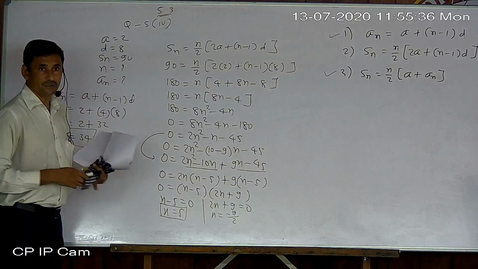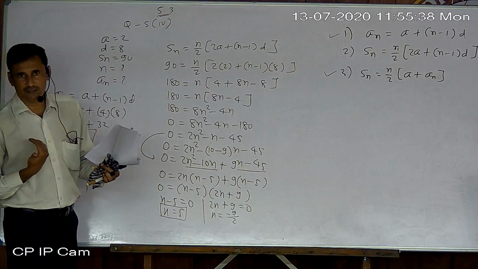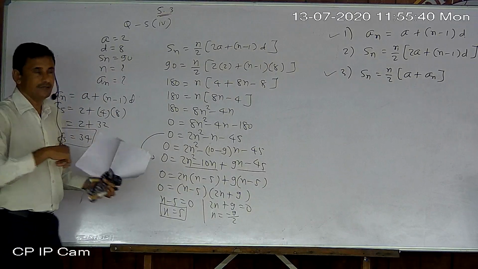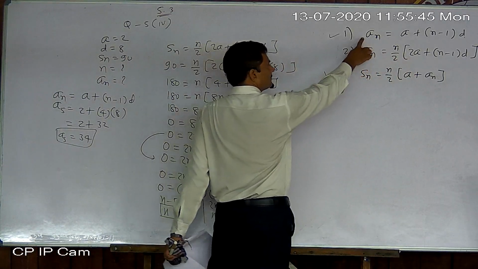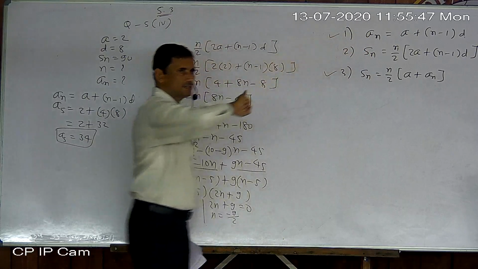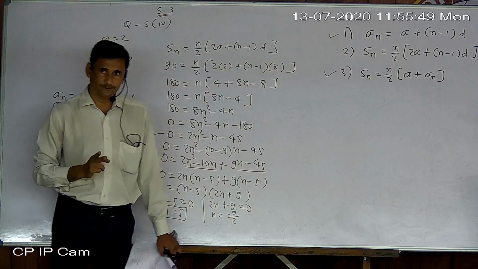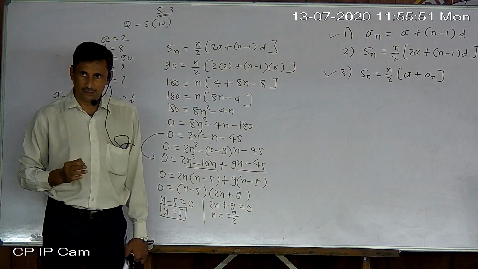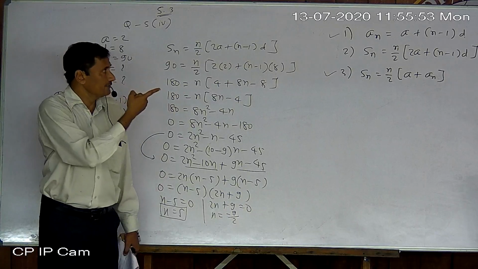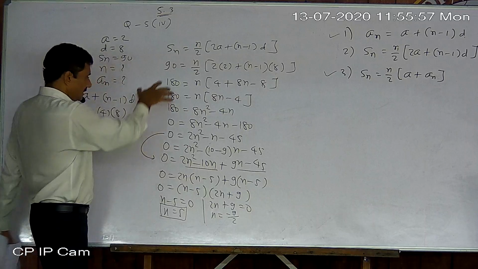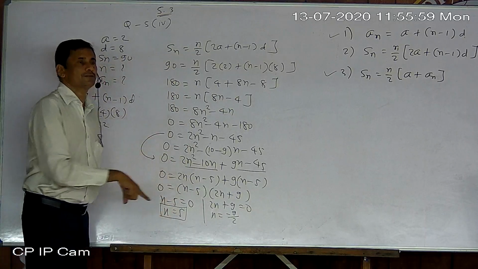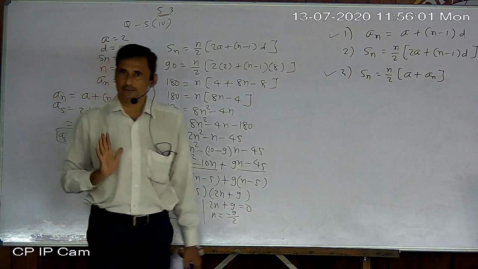Okay, so the first time we used the second equation in a reverse way. Reverse way means S_n is given, we got n from this equation. Many times we use this first equation in reverse way. So remember, finding n from this second equation, the S_n equation is a little long, and in this one factorization will be there.